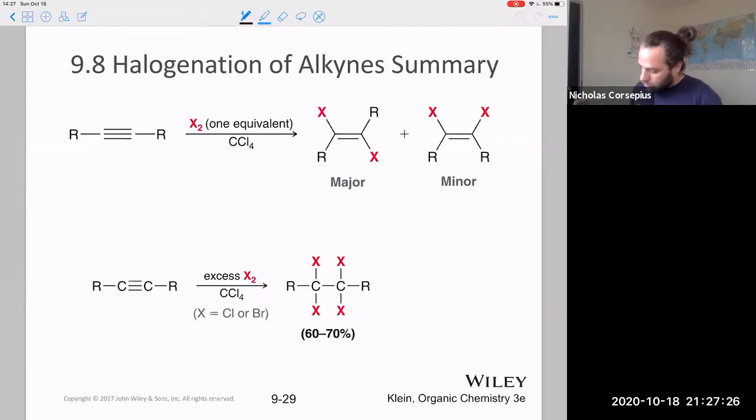So these are two halogenation reactions that you want to know: what happens in the presence of excess, and what happens with one equivalent. You'll see this written as one EQ halogen, meaning one equivalent of that halogen. Again, what is this carbon tetrachloride doing for you? That's just a solvent. You've dissolved these things in this solvent, and that's where the reaction takes place.